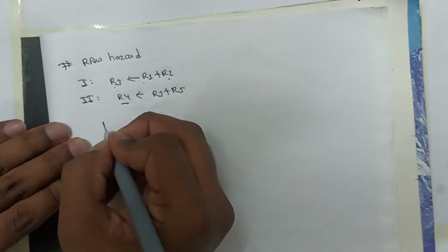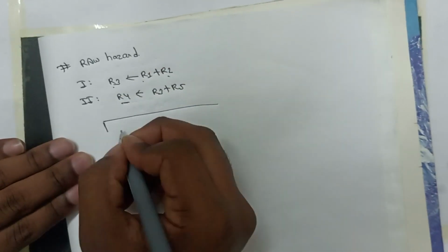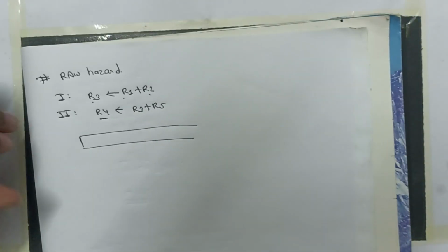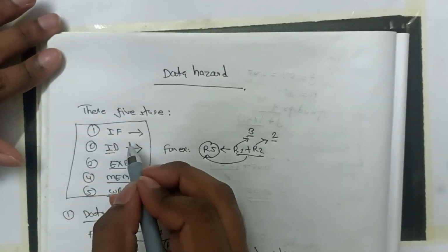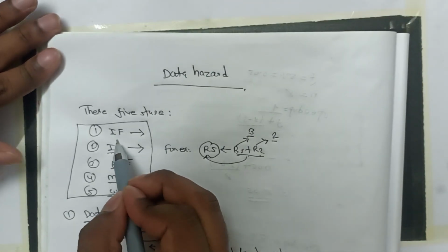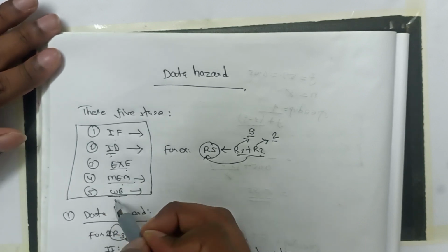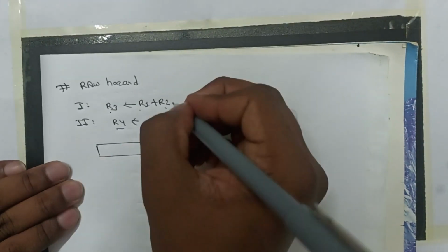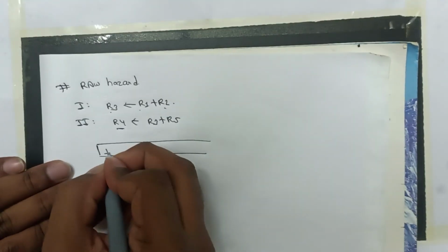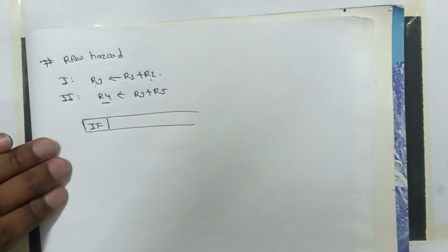Let's draw the diagram for these instructions. I told you there are 5 stages to do these questions. Number 1 is instruction fetch. Second one is decode, then execution, memory, and write back. First of all, instruction 1: simply we have instruction fetch, just fetching the data. There is no dependency on that.